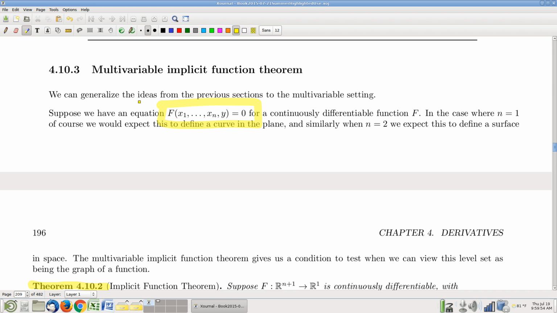Same situation: the function that I'm given, I'm looking at a level set of it, not a graph of it. So how do you know that the thing that you would like to declare to be a function of the other variables actually is a function of the other variables? So let's look at an example of this.